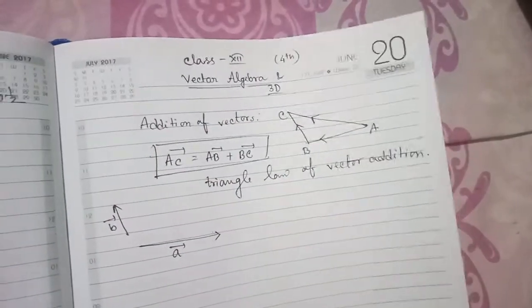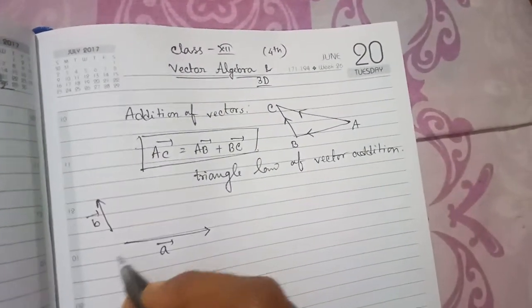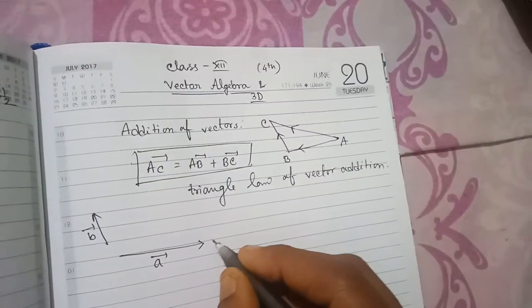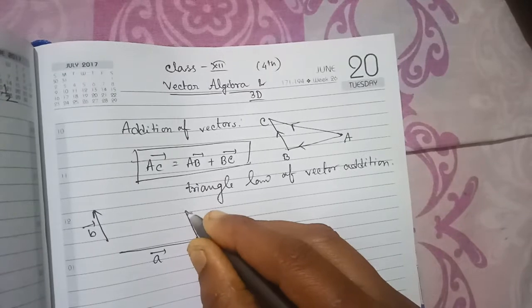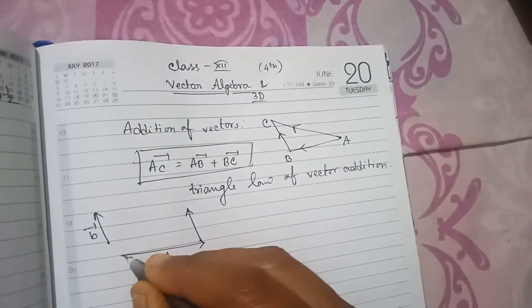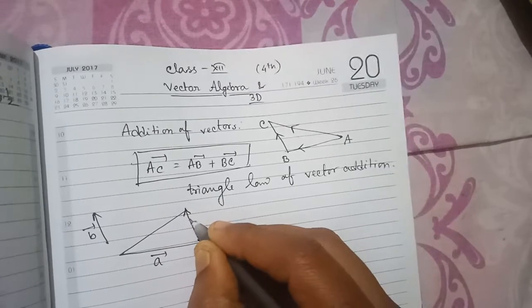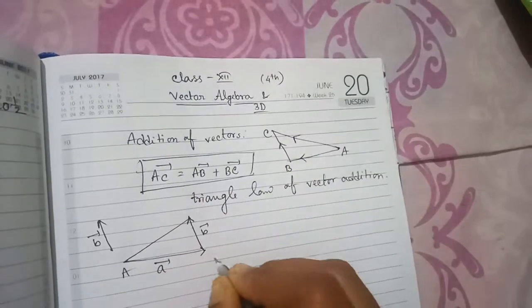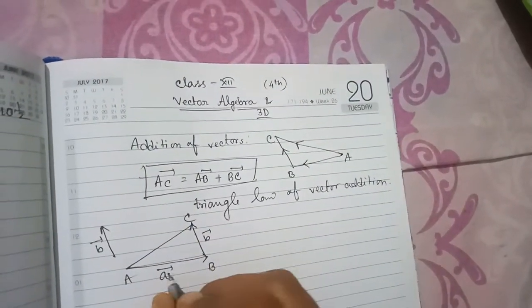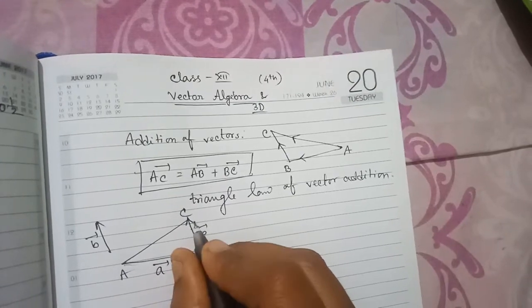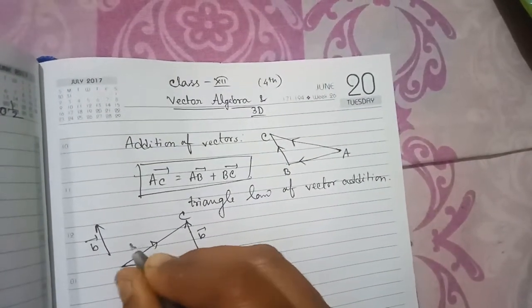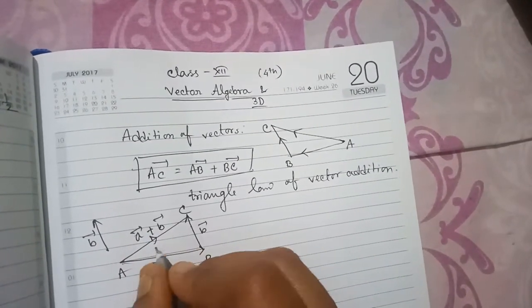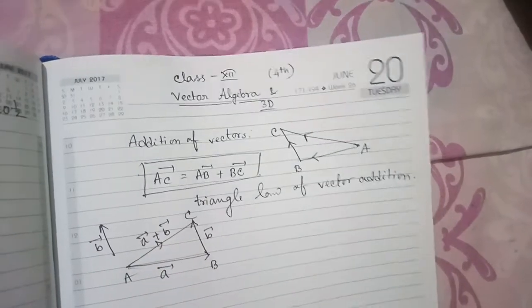So without changing the magnitude and direction of B vector, we can put B vector here like this, and then we join it like this. Suppose this is A, this is B and this is C. Then we get A vector plus B vector is equal to AC vector. So we can write AC vector is equal to A vector plus B vector.